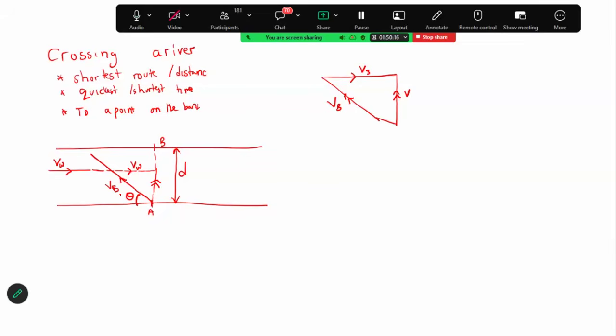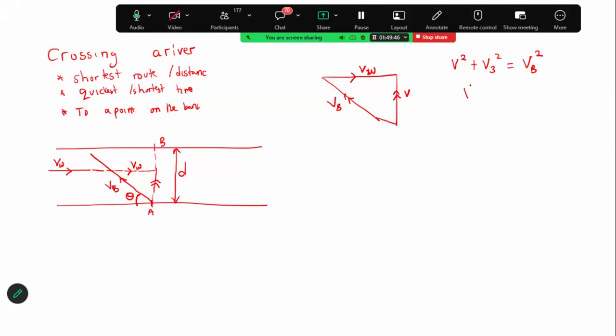Now, in case I'm interested in getting this resultant velocity V, what am I going to do? I'm going to use my knowledge of Pythagoras. So V squared plus V of water squared must equal V of the boat squared.